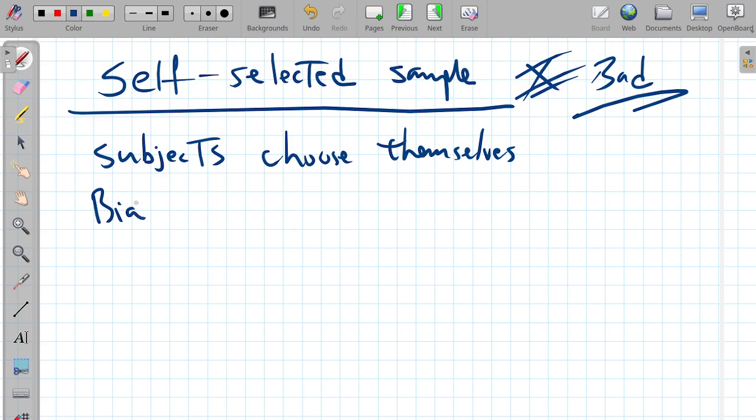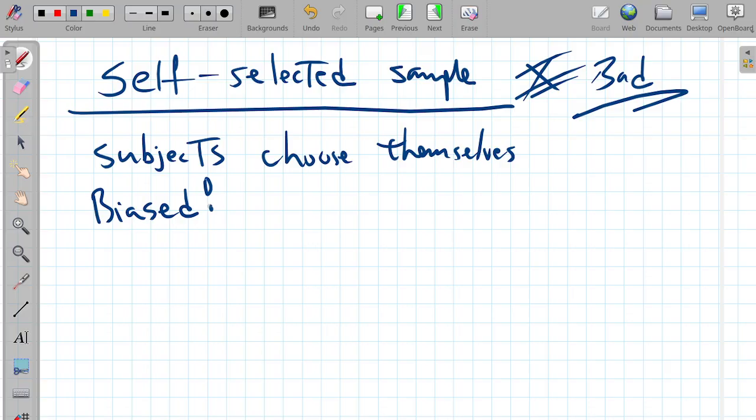Why? Well, the effort it usually takes, the motivation is a better word, I guess, to get involved with a sampling process, a questionnaire or something, usually requires people who feel very strongly about the topic.